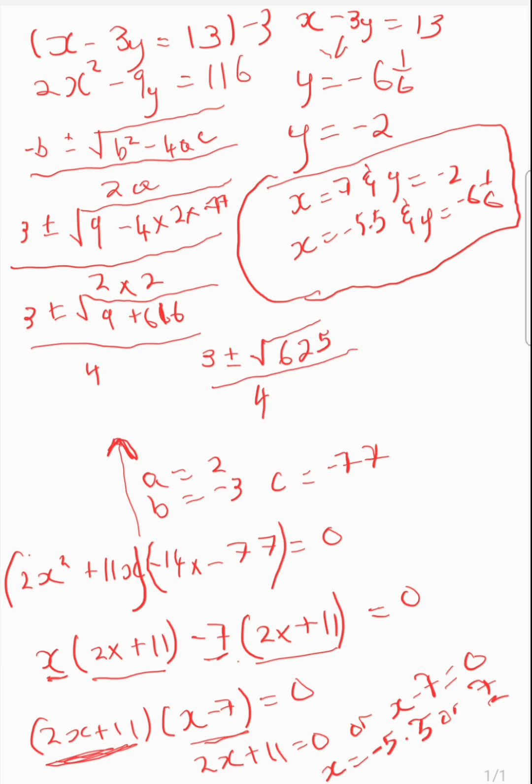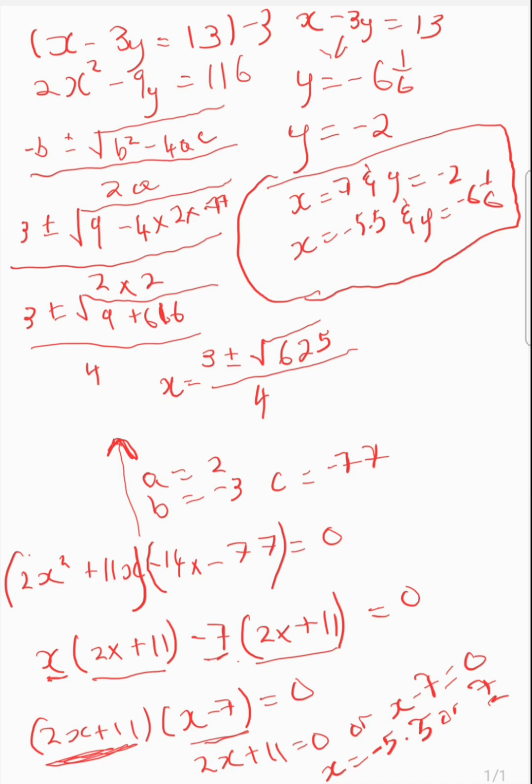So I believe from here you can solve this, but remember all these methods that we used here, we started first by solving for x, then solving for y later. So here you are going to get two solutions for x, which we clearly know are minus 5.5 and 7.